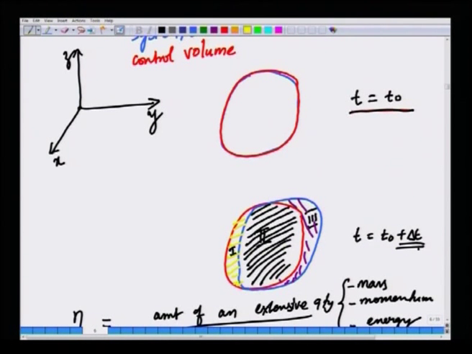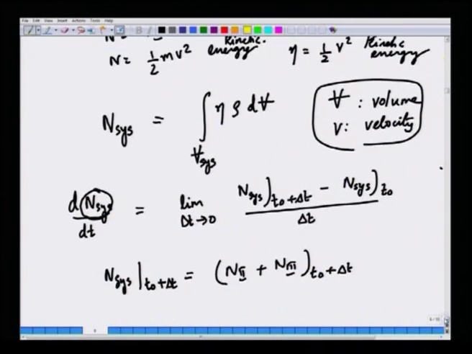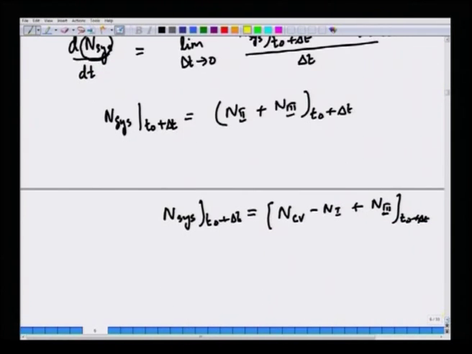N1 is the region that was vacated by the system. So this completely gives us N system at time t0 plus delta t.